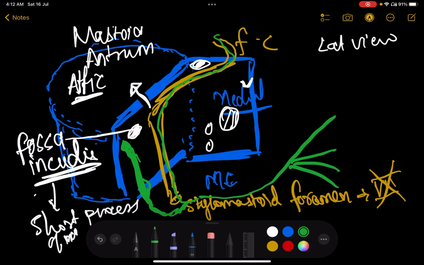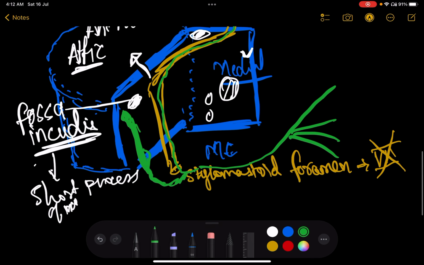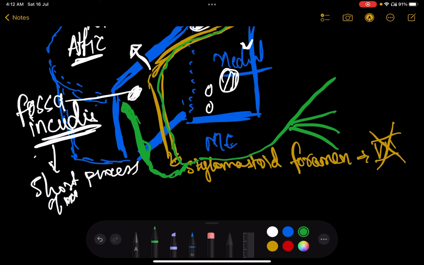The amazing thing about the chorda tympani is just one thing. After entering the posterior wall, all this while it's been running in the canal, taking the help of the bone. Later, what it does is that it just directly, like Spider-Man's web, jumps right into the tympanic cavity.